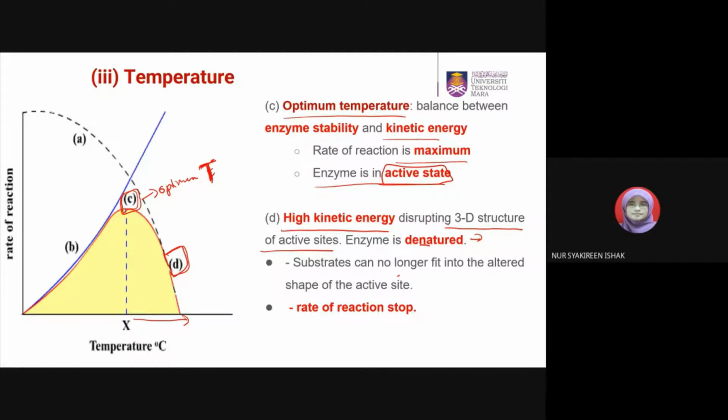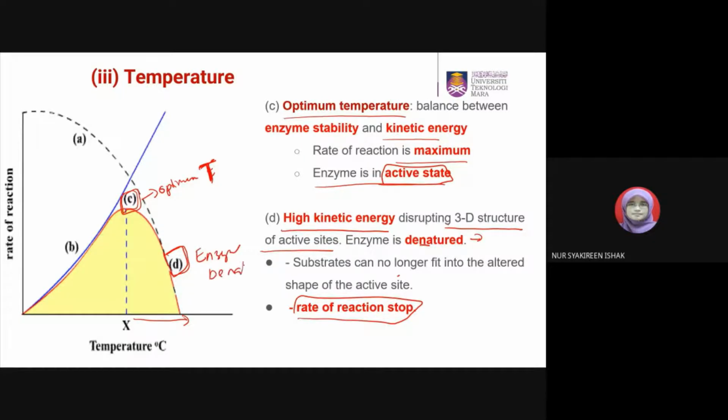So it changes the shape of the active site. So substrate can no longer bind to the active site and this causes the reaction to stop. So rate of reaction will stop as the enzyme denatures.